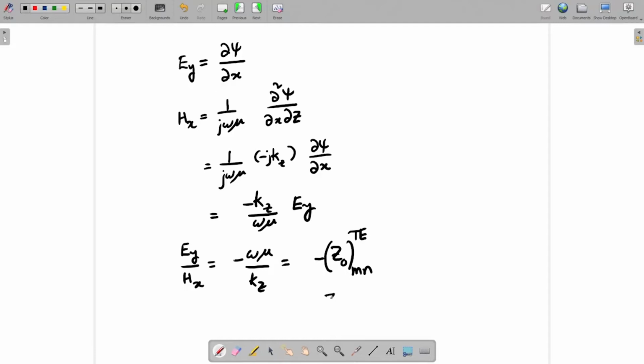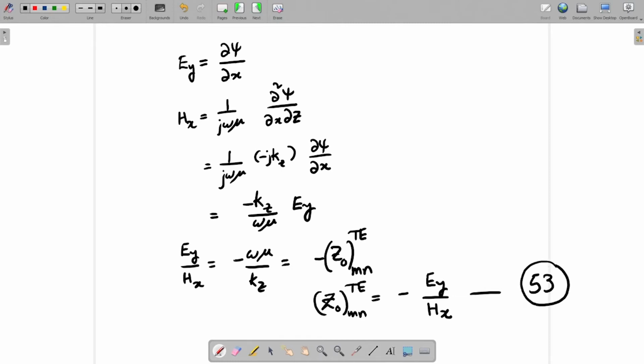So, in other words, Z 0 mn TE becomes equal to minus E y by H x. So, we call this equation 53.